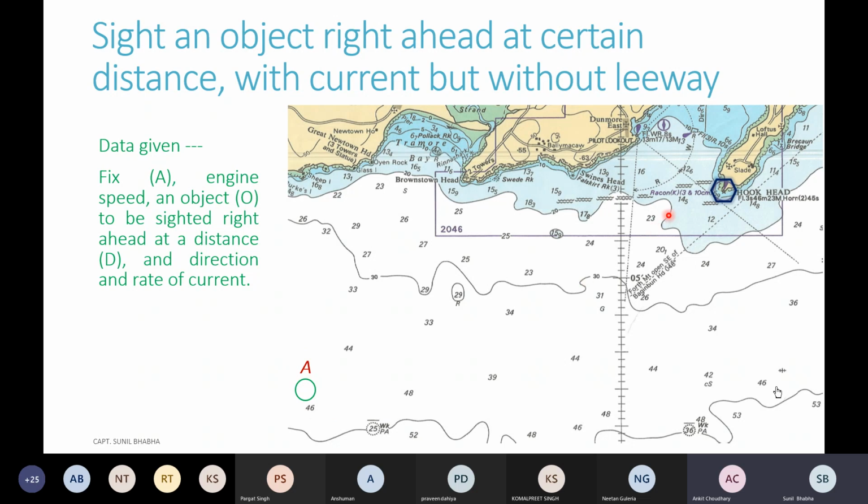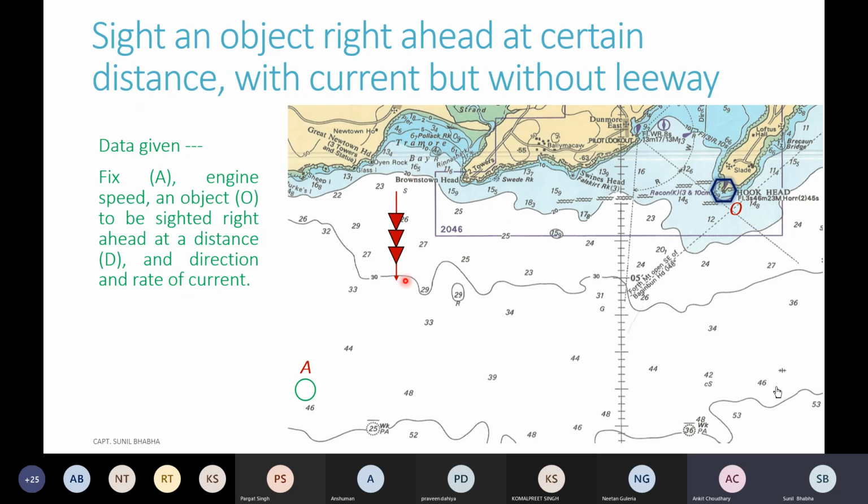Let's identify the object which we are required to keep right ahead. In this particular example, we are assuming that this Hook Head lighthouse is to be sighted right ahead at a given distance. So let's name the object as O.